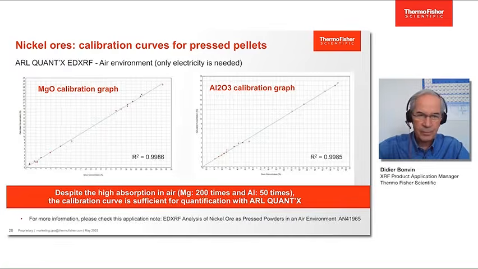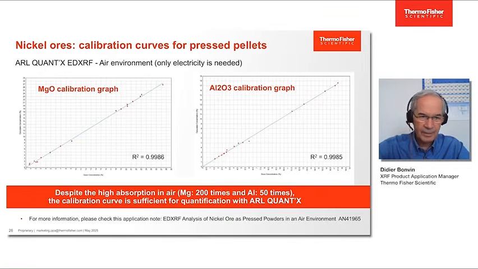Now, if we move to lighter elements, magnesium and aluminum, this should be much more difficult, because the X-ray fluorescent magnesium signal is absorbed 200 times by air atmosphere. For aluminum, the absorption is 50 times.